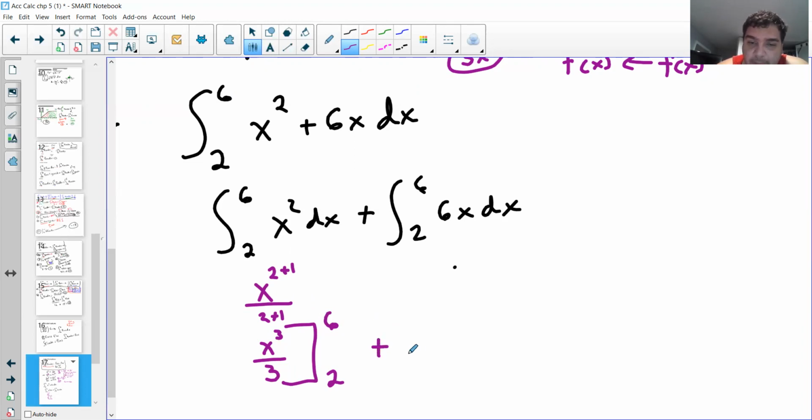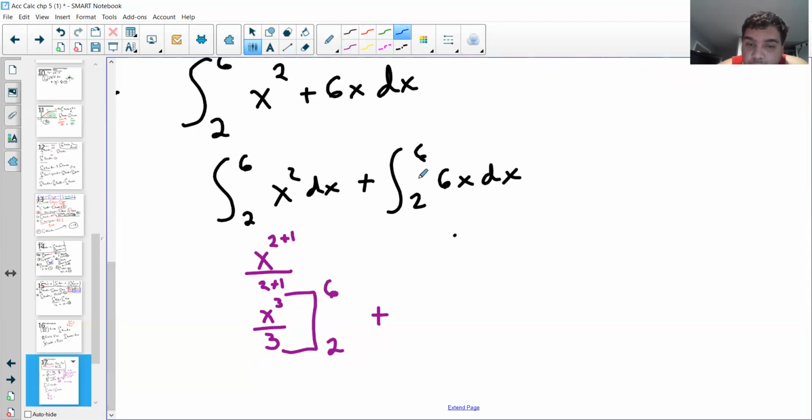And we're going to add that to, and I'll do it in a different color, the antiderivative here. So we have x to the 1 plus 1, 6 over 1 plus 1. Once you get better at it, you don't have to write the 1 plus 1. You could just write 2. So this will be 6 over 2, or 3x to the second, from 2 to 6.